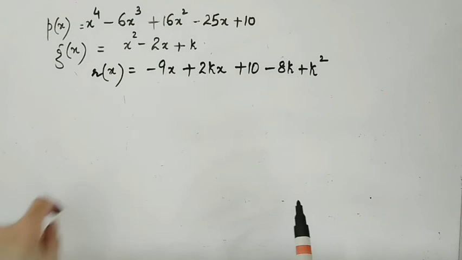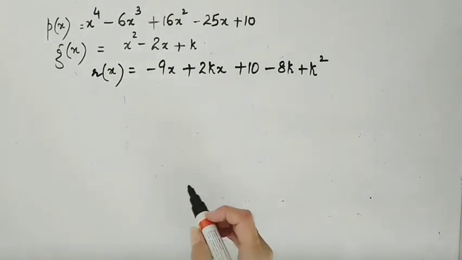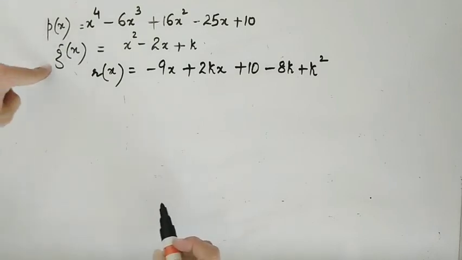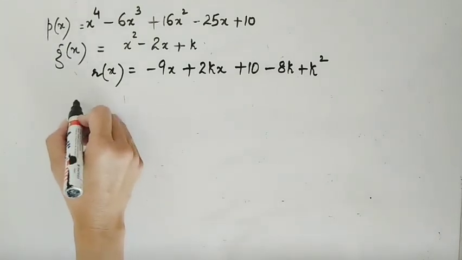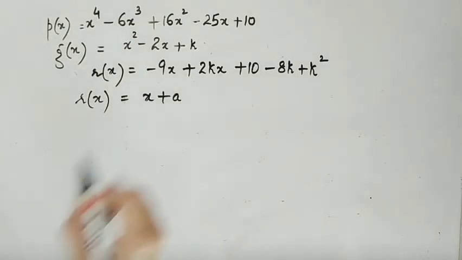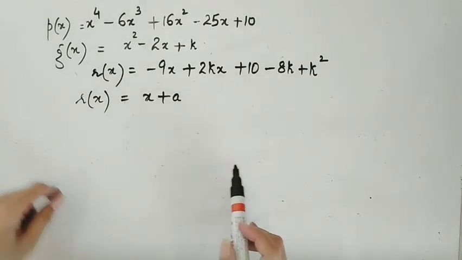Alright, after division, this is the remainder which we have obtained, and the question says on dividing this polynomial by g of x, the remainder came out to be x plus a. Now listen very carefully.